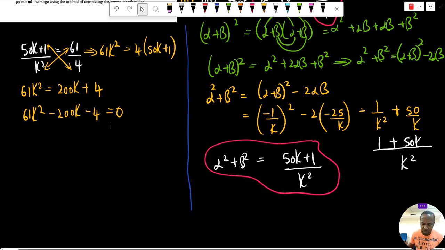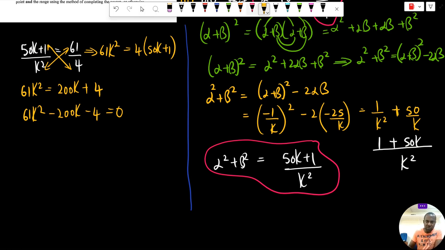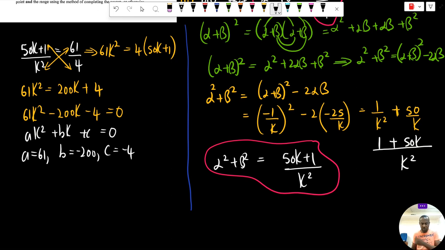And what type of equation does this resemble? It surely resembles a quadratic. Now let's check this quadratic, and of course let's compare it to the standard quadratic equation. Let's call this ak squared plus bk plus c equals 0. So we see that a is equal to 61, b is equal to negative 200, and c is equal to negative 4.